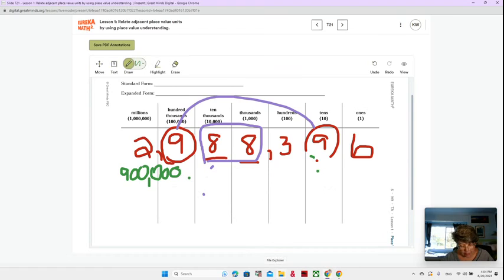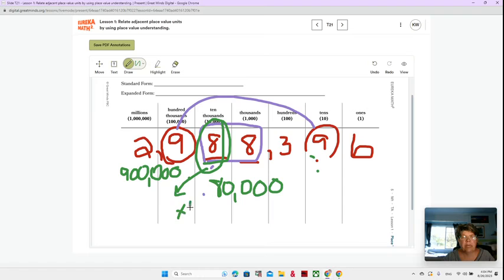Is it 10 times as much as 80,000 that we have right here? That is your question in Edpuzzle, and don't worry, it'll be rewritten there for you. Can I multiply 80,000 by 10 and get 900,000? Yes or no? And please tell me why.